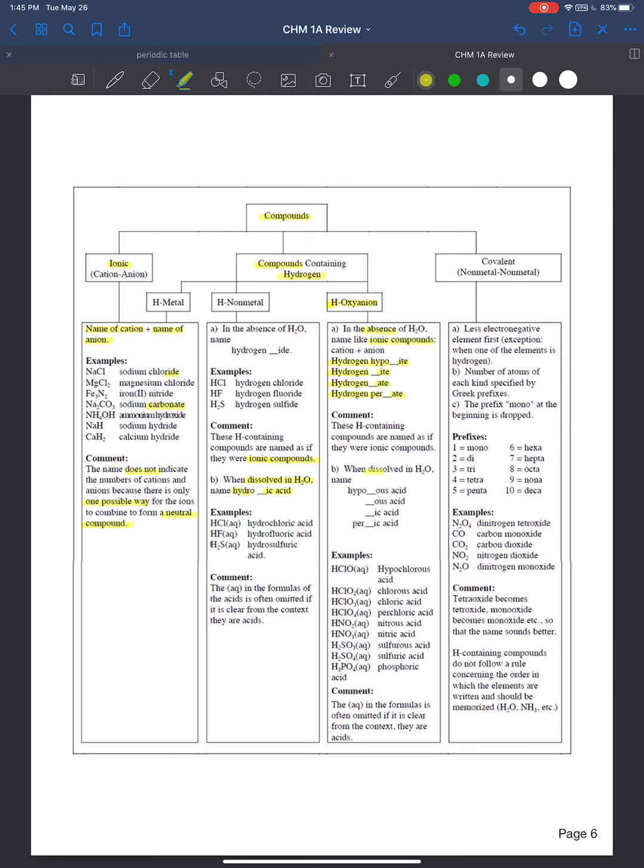However, if they're dissolved in water, then that changes from hypo-ite to hypo-ous acid, ous acid, ic acid, per-ic acid. So for example, we have hypochlorous acid, chlorous acid, chloric acid, perchloric acid.